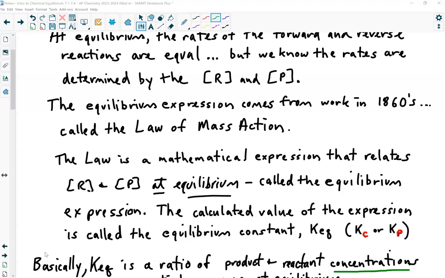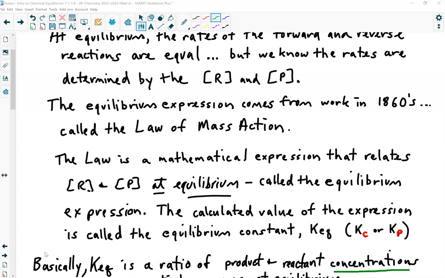And guess what? It turns out that at equilibrium, because the reactant concentration and product concentration stay the same, when you do math on them, you have two constant numbers, and we're going to divide them. But when you divide two constants, what do you get? Another constant. And so the value for this thing called the equilibrium constant is constant for a certain chemical reaction, and I'll say this, although we're not going to talk about it today, at a certain temperature.